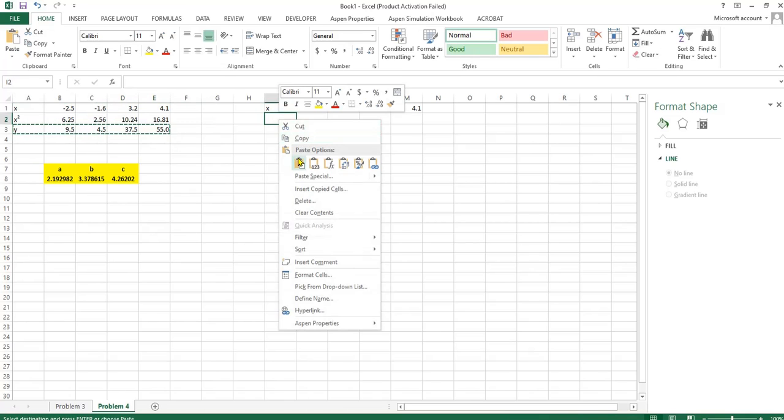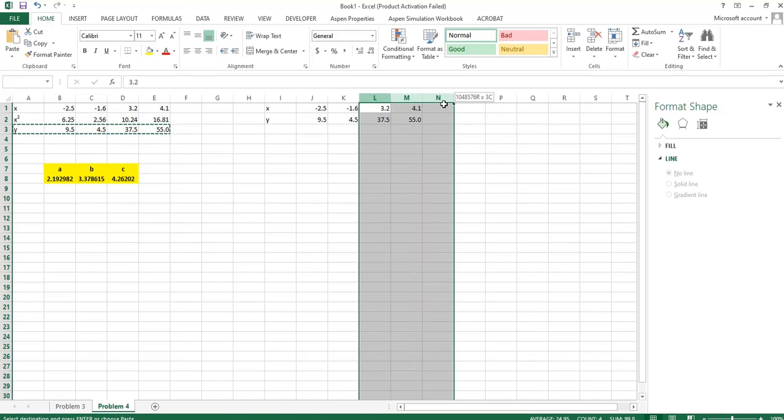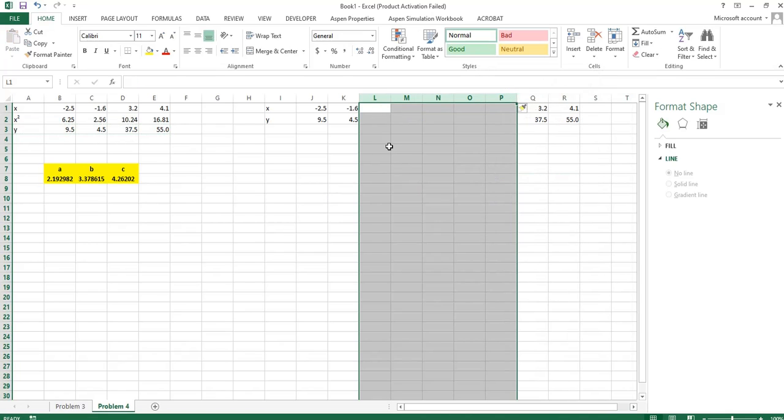Come here, paste it. Now let me just add some values from here up to 4. Let me insert some columns.